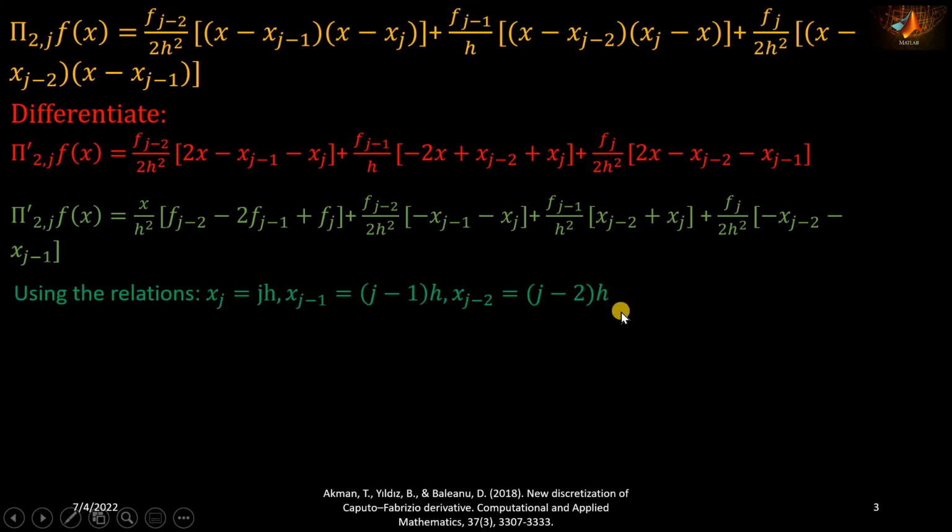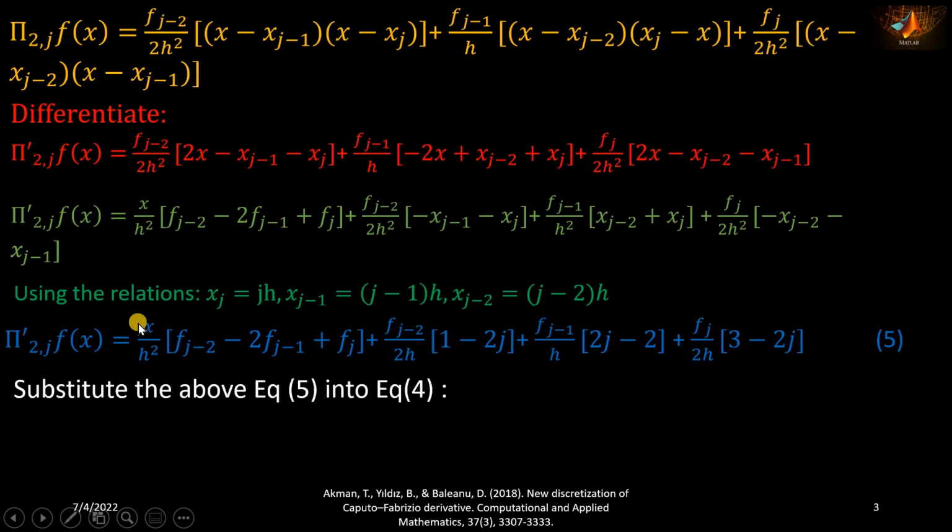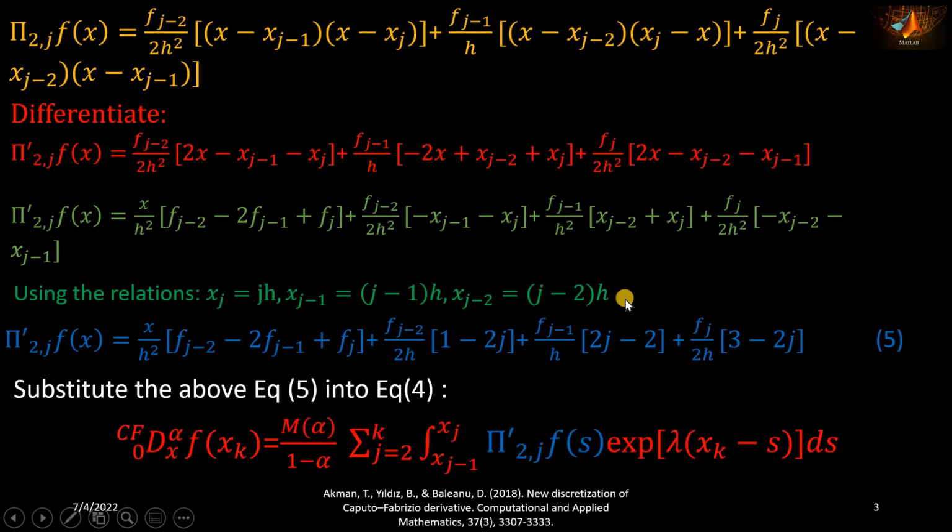Once again, using the same relations, I can write down the equation in the form written now in equation number 5. It is a simplification of the previous equation given over here. Now we can easily substitute equation number 5 into equation number 4.